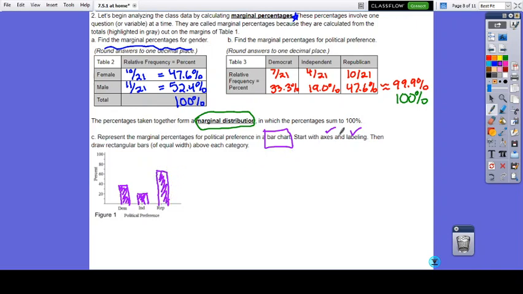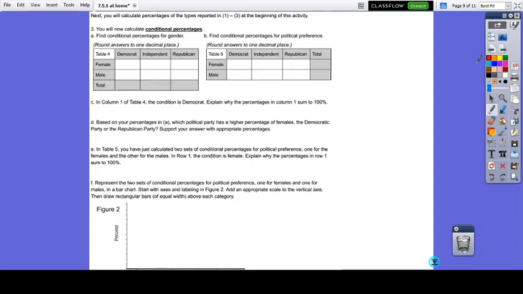So for a bar chart, notice I have the axes, I have the labeling, I have rectangular bars, I have them of equal width, and they're above each category. If yours happened to be a little bit bigger and they ended up running into each other, that would also be just fine. You could do something like that. I'm going to go ahead and back that up so it doesn't look confusing when I'm done.